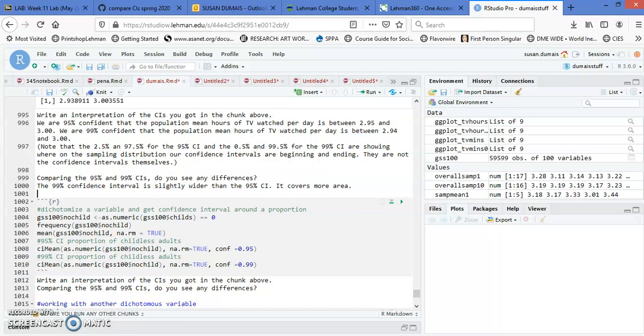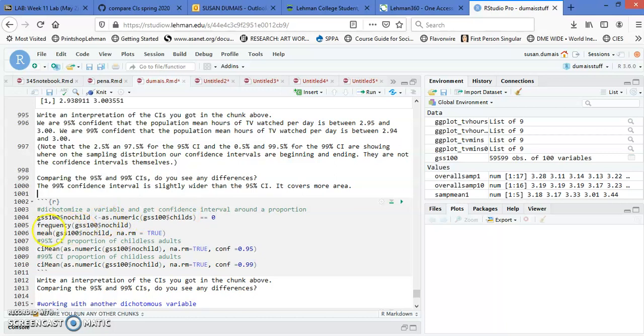We're looking at the variable child, and we're making a variable called no child, which is when somebody has no children. That's what this code is saying. Make a variable called no child that is true or 1 if a person has 0 kids, and false or 0 if a person has 1 or more kids.